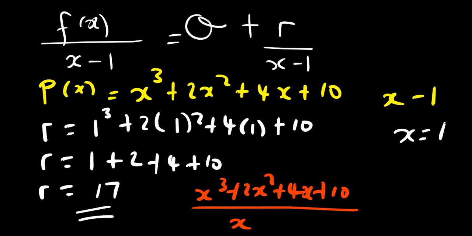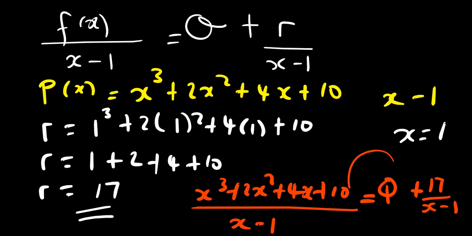Your divisor was x minus 1. What did it give you as your quotient? You don't know your quotient, because I can only find the remainder. Plus what remainder did you find? It's 17 over your divisor, x minus 1.